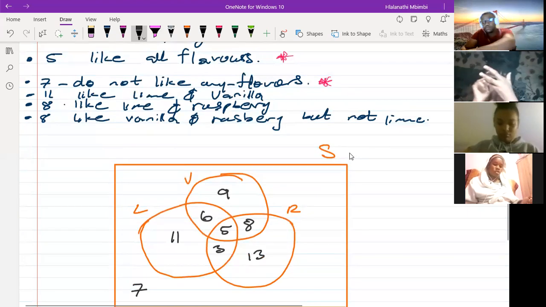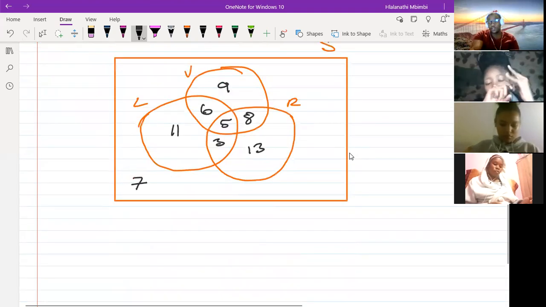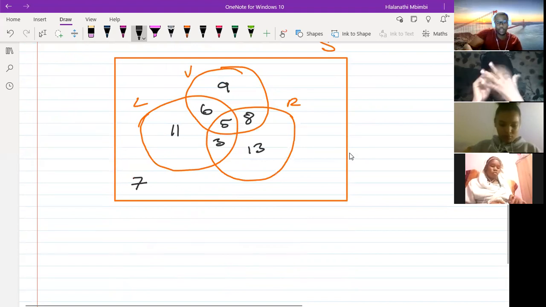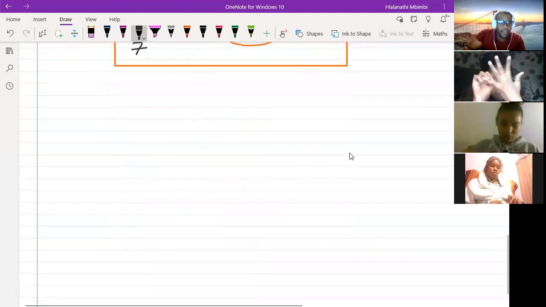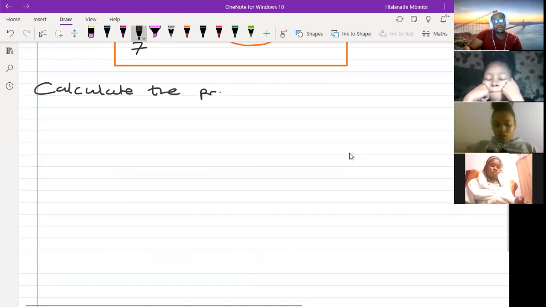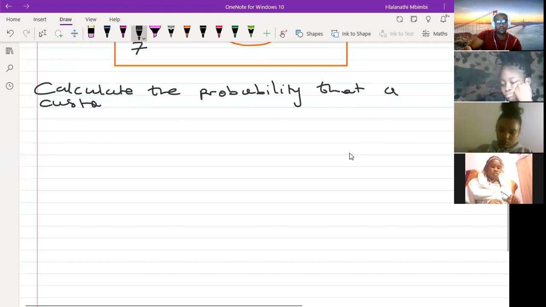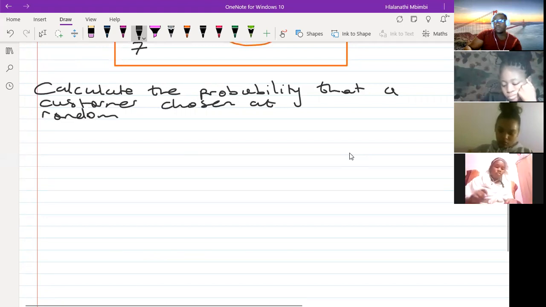Okay, now you should technically be ready for all kinds of questions from here. Questions are not different to what we've looked at. So I can now say, calculate the probability that a customer chosen at random: A, likes vanilla.